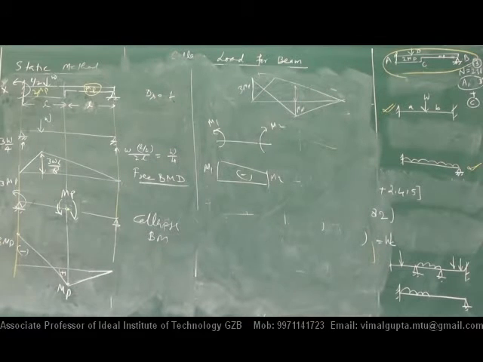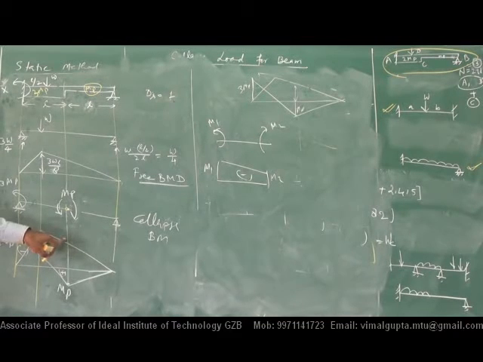Okay, so if the redundant BMD is plotted, then superpose these two to get the final. After superposing, we will get this one.